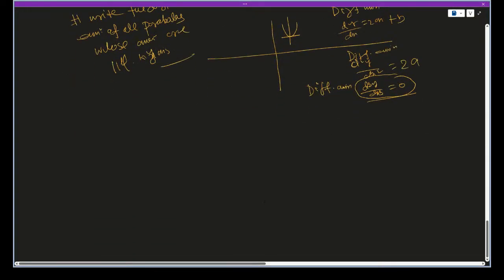So do form another equation, just from the differential equation. Next question.